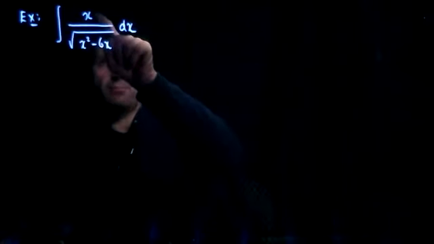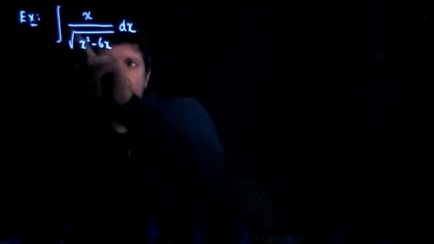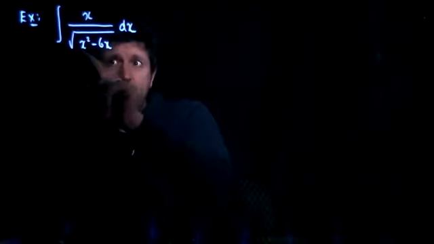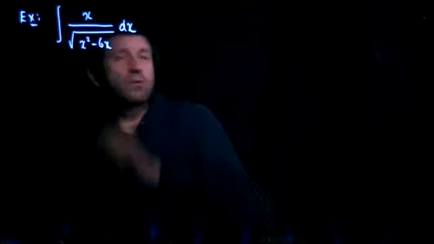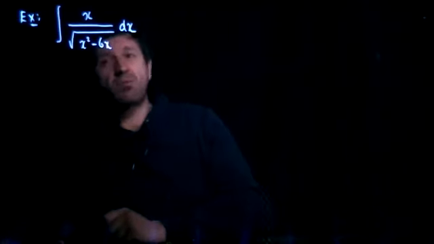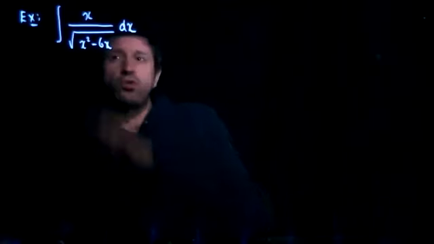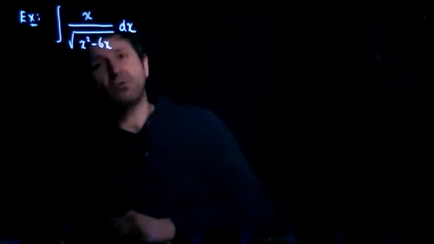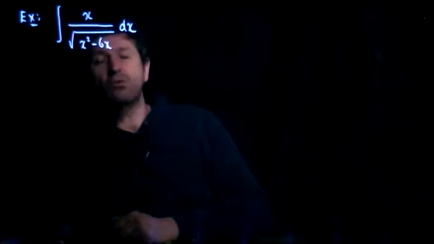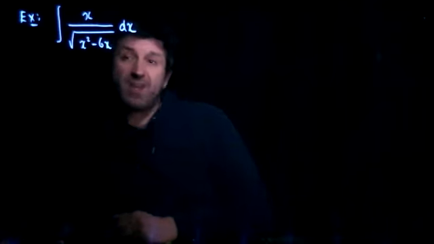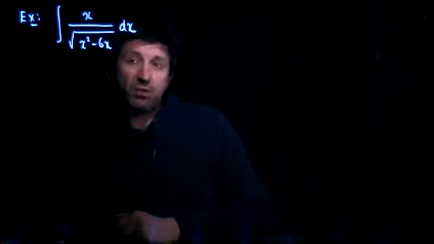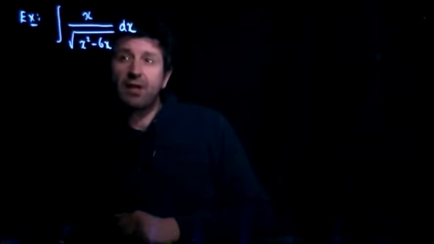So the top will work, but on the bottom, what will you have? You will have the square root of u minus 6 root u. Maybe it's going to work. I don't know. Maybe you could survive with this, but I think it's going to be complicated.